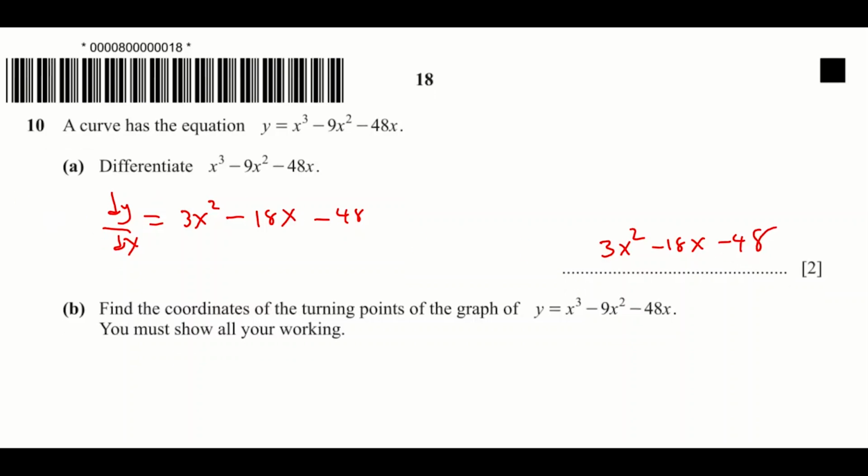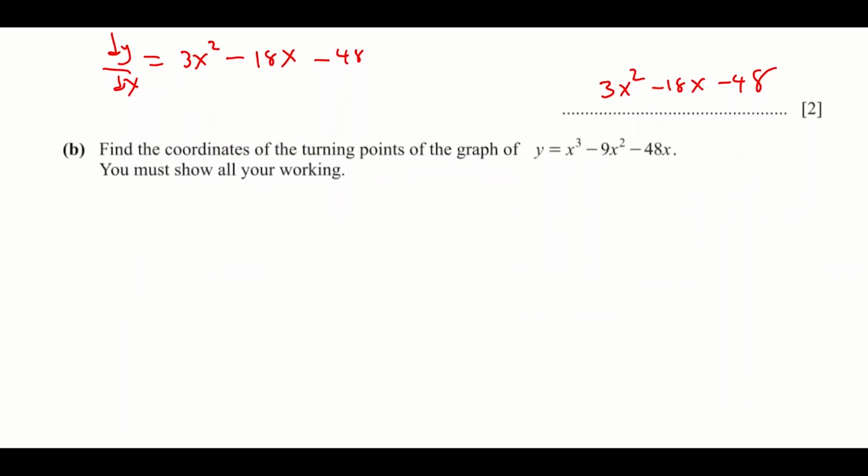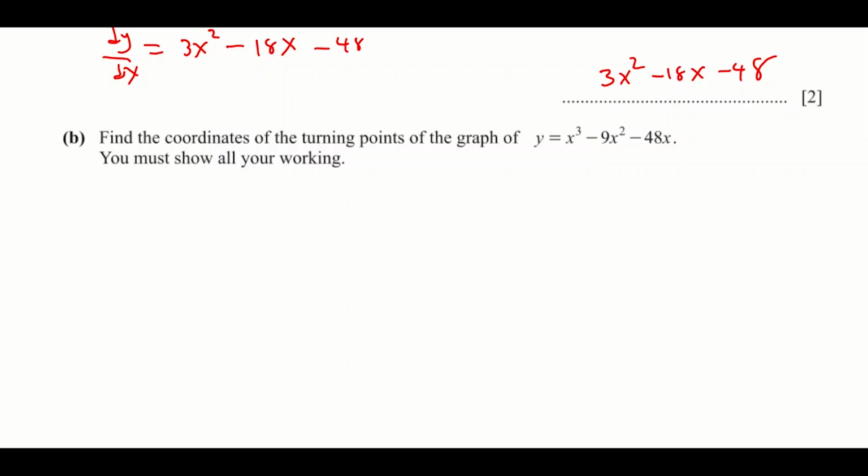Part B, find the coordinates of the turning points of the graph of y equals x cubed minus 9x squared minus 48x. You must show your working. At the turning point, dy/dx is equal to 0.